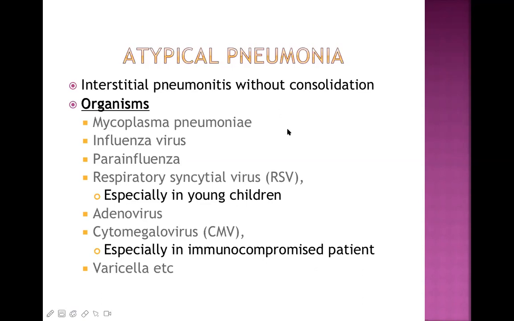Remember, mycoplasma and chlamydia are still bacteria, but we don't call them typical bacteria. They are called atypical bacteria. That's why they are mentioned here. They mainly cause interstitial pneumonitis, in the interstitial space in between the alveoli. They start from there, and there is usually no consolidation when this disease is occurring.